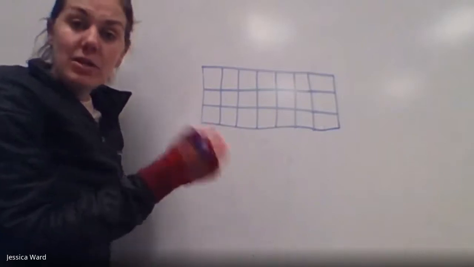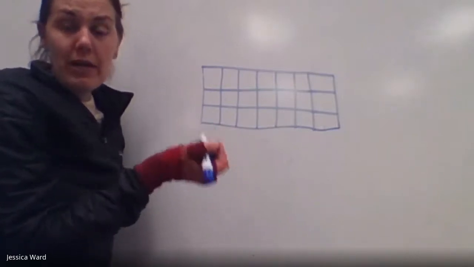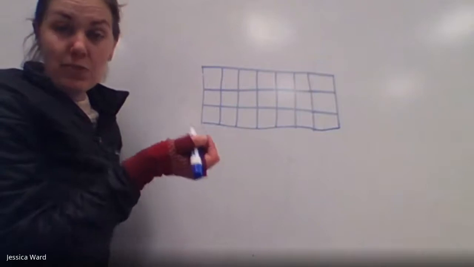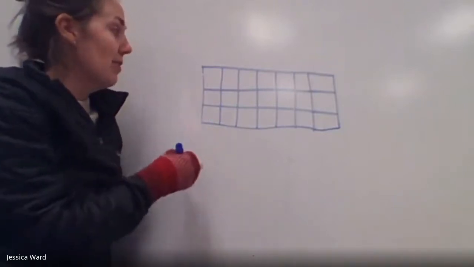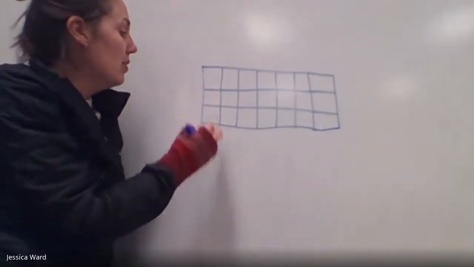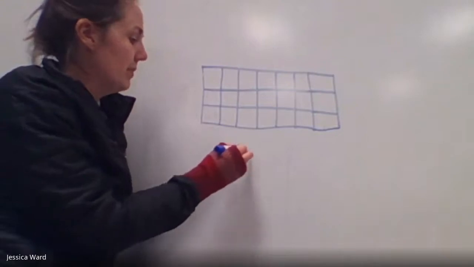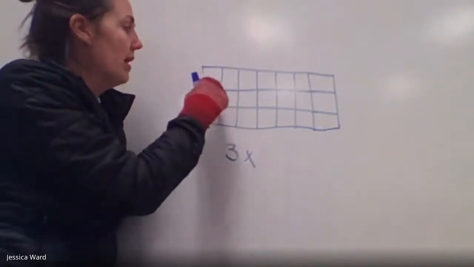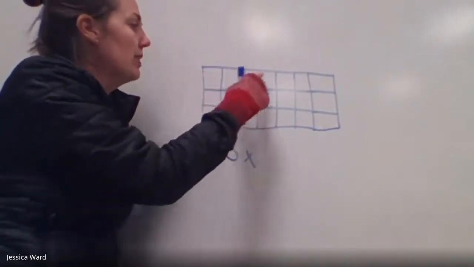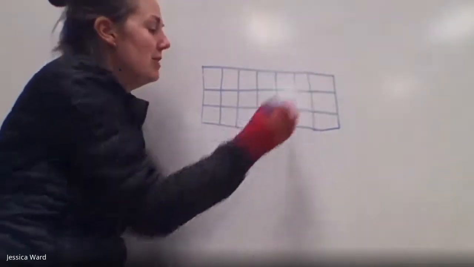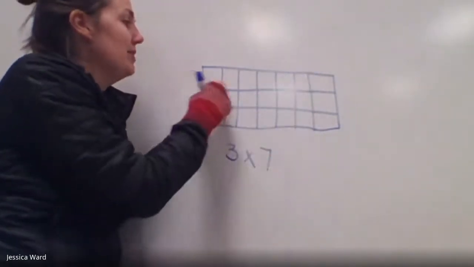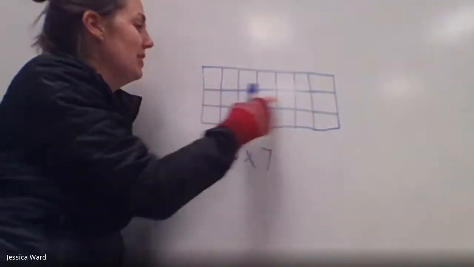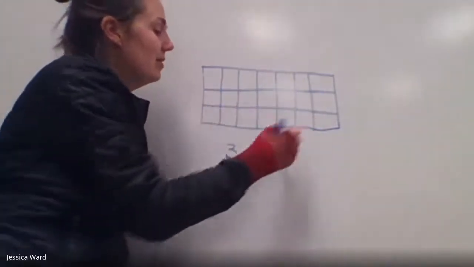So now we're going to come up with what a multiplication sentence would look like for this rectangle. So if I have 3 rows and each row has 1, 2, 3, 4, 5, 6, 7 squares in it. I have 7 here, I have 7 here, and I have 7 here.